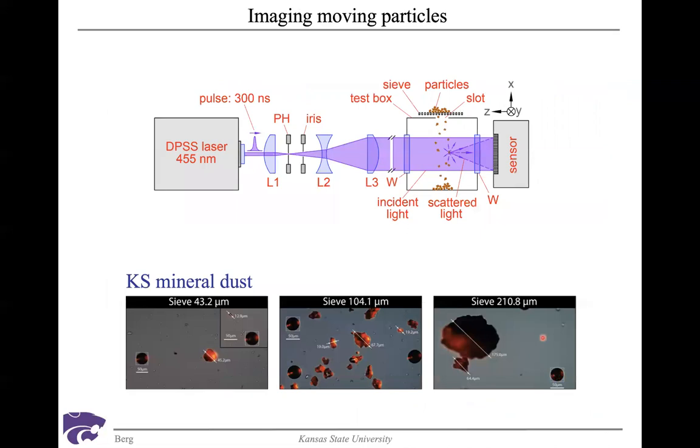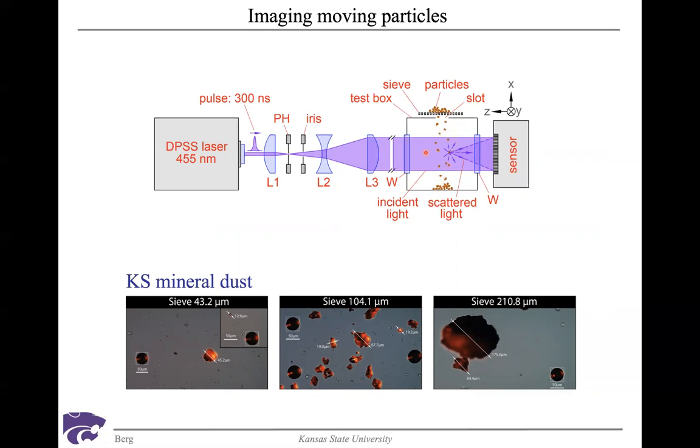We can also look at large numbers of moving particles. This was a fairly recent experiment, fairly simple. Again, we have a pulse laser, and this time it's sending out a steady sequence of laser pulses. The beam gets collimated and goes through a plastic box that has a sieve on the top. We put some dust particles on top of the sieve and let the particles fall through into the box, through the beam.